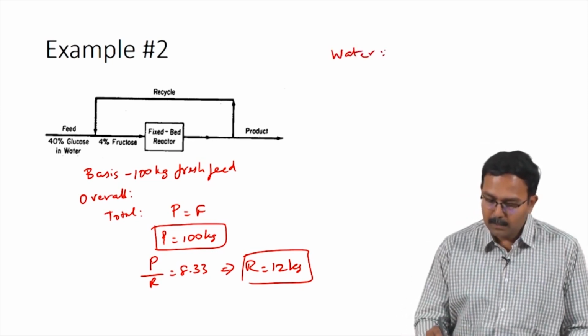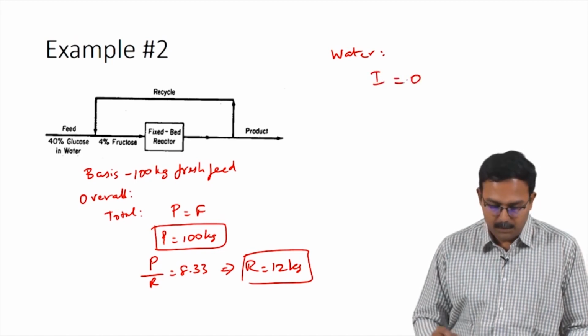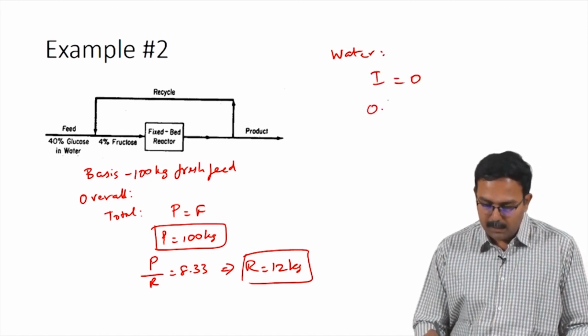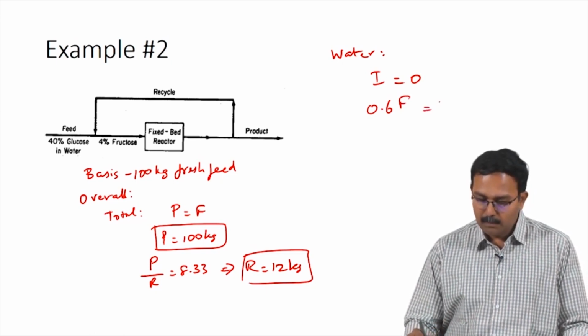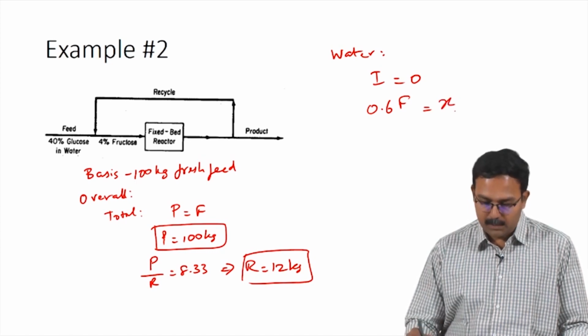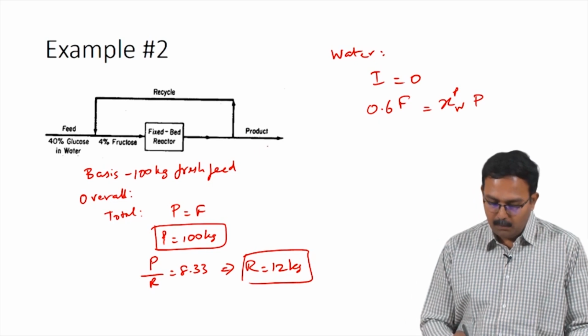Water balance equation would be input equals output. So, input water is basically 0.6 times F. We need to calculate output water. So, let us call the mass fraction of water in the product stream as XWP times P. So, let us label what these are.